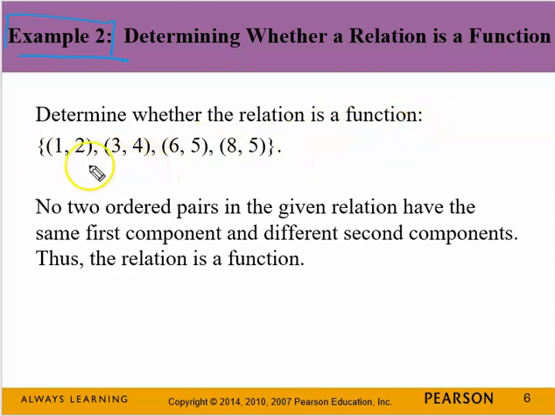Now, just looking at this, remember this is in roster notation, and these are ordered pairs. So we look, 1, 3, 6, 8. The X element's only used once, so this series of relations is a function.